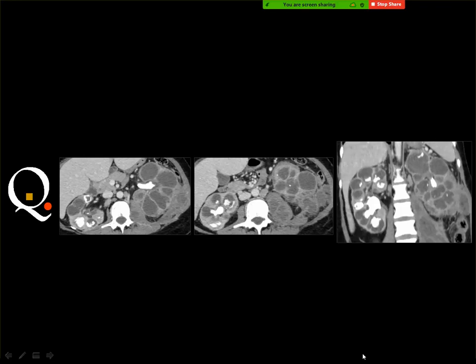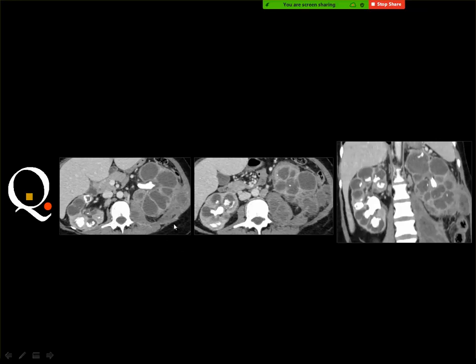Xanthogranulomatous. On which side? Both sides, bilateral. Yes, and this is an extremely rare condition, when you can see that the xanthogranulomatous pyelonephritis is bilateral. This kidney is not functioning and is a source of recurrent infection, and it should be removed.